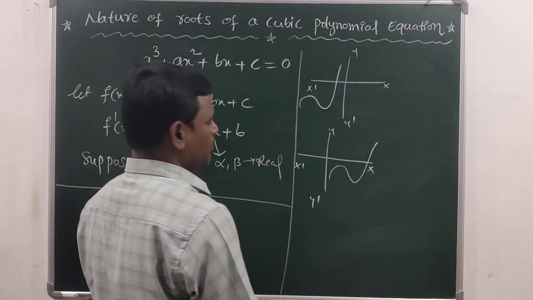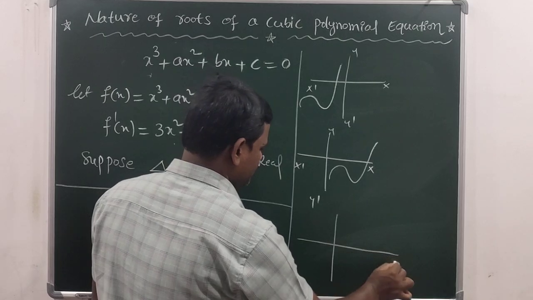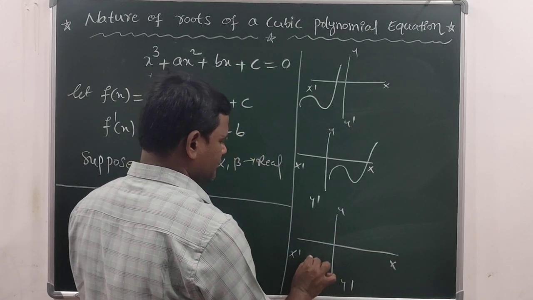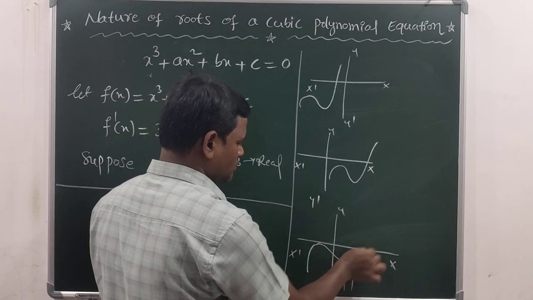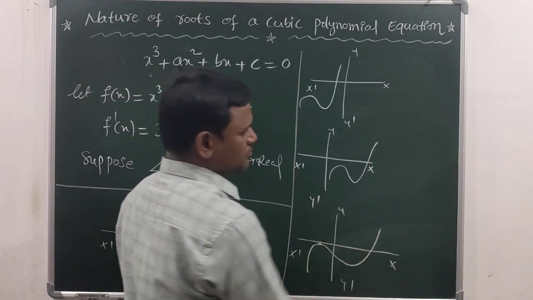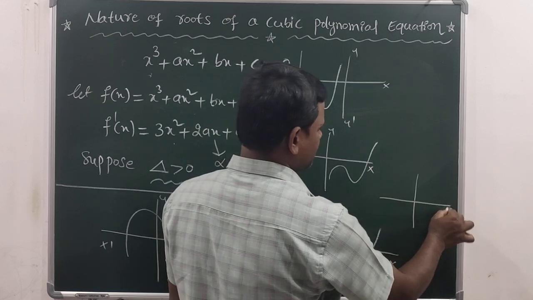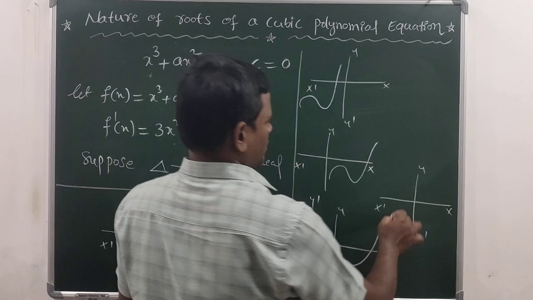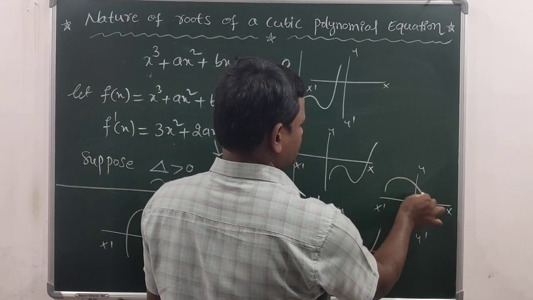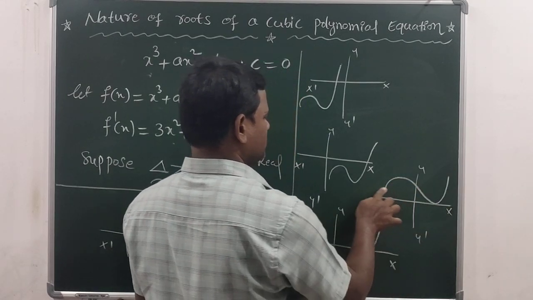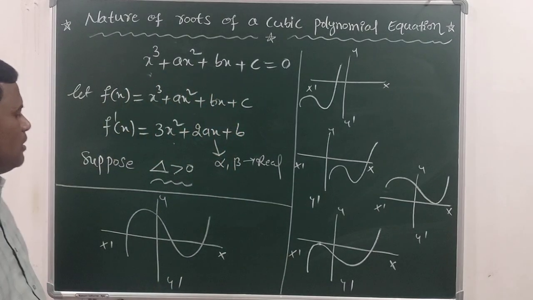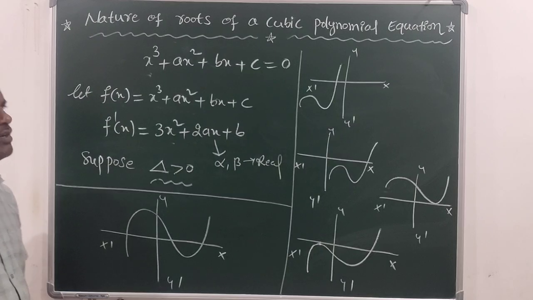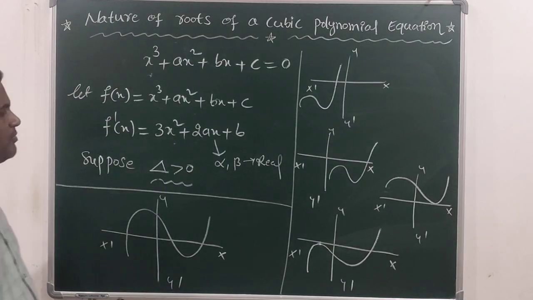Otherwise, your graph may be like this. Otherwise you may get like this. You may get like this. So these 5 possibilities will come when delta is greater than 0. Now let us discuss one by one.